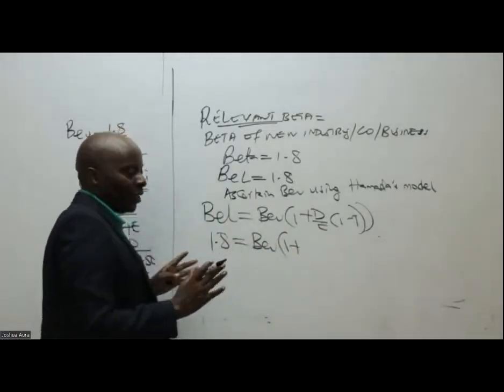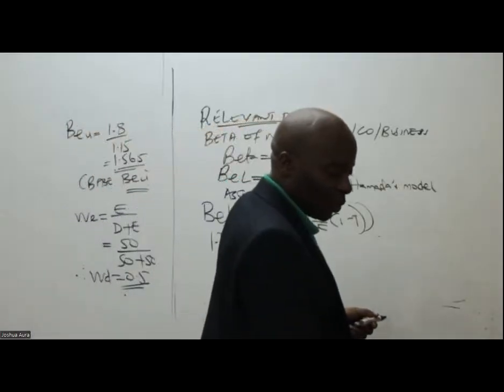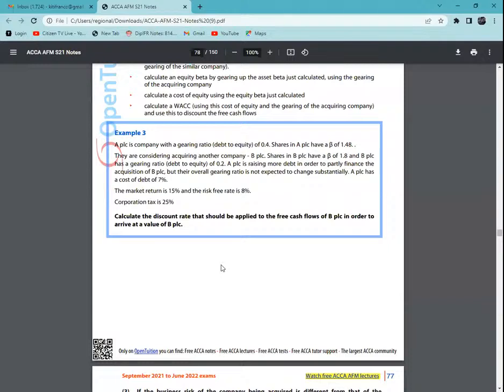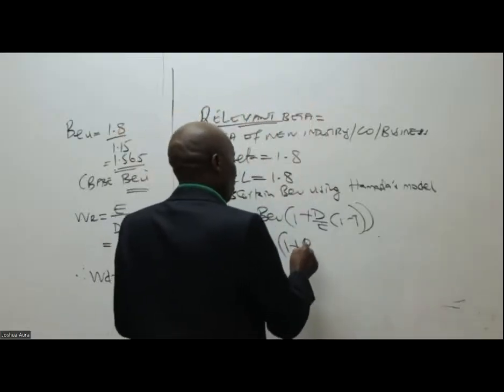In this question, they have given me the debt to equity of this new business. They have told me the debt over equity is 0.2.